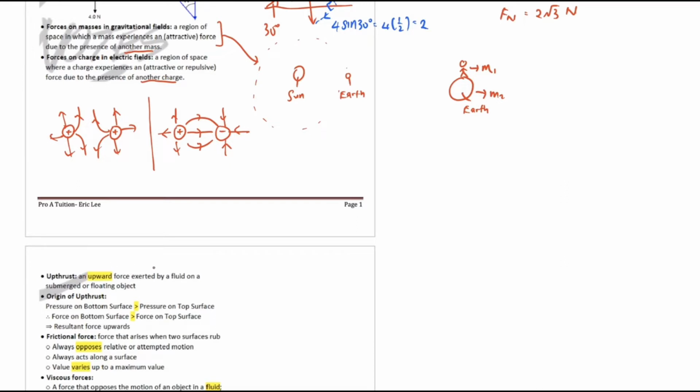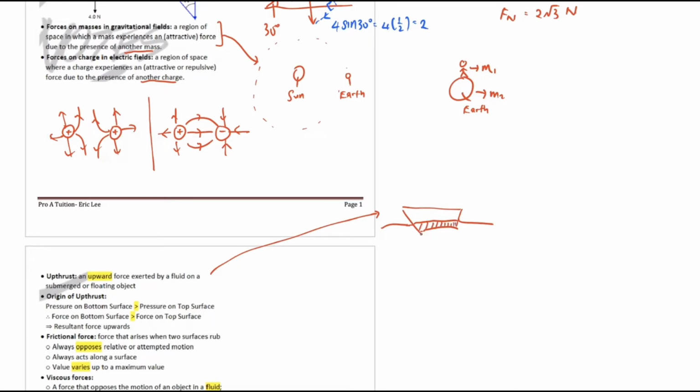Okay, so short example for now. Let's say if you have a boat which floats on the seawater. Okay, so now this is the part which the boat is under the sea level.